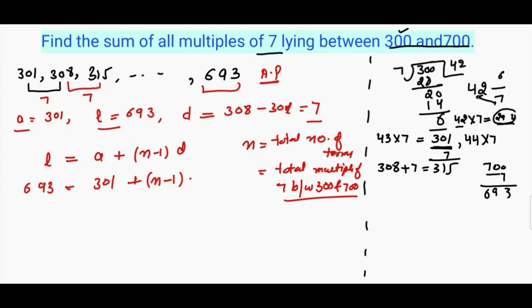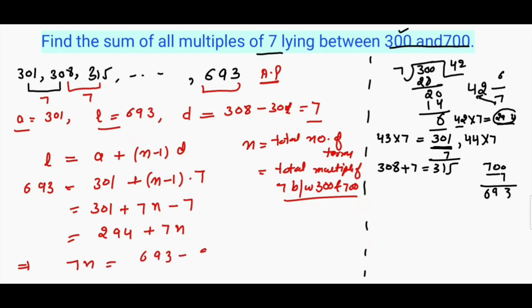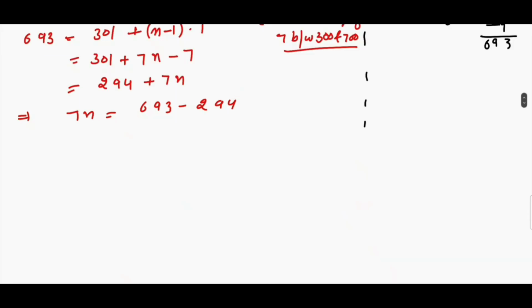So d is equal to 7. So this will become 693 equals 301 plus 7n minus 7, which is 294 plus 7n. So 7n is equal to 693 minus 294, which is 399.